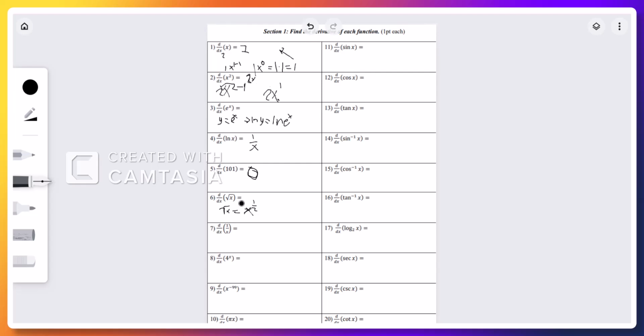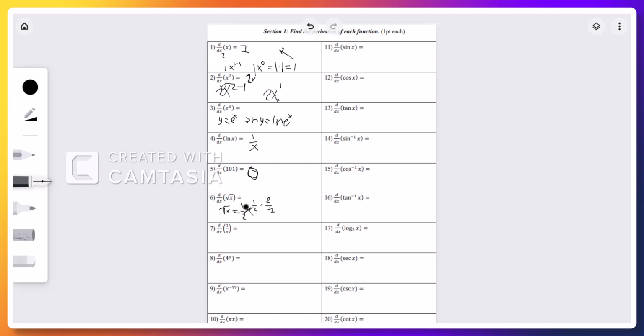The 2 is the square root, and the 1 is the power of x. So we could do what we did for the power rule. We do 2 over 2 just to keep it simple. And we bring down the 1 over 2.